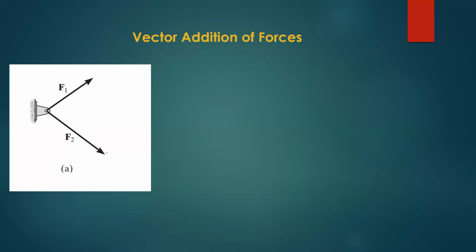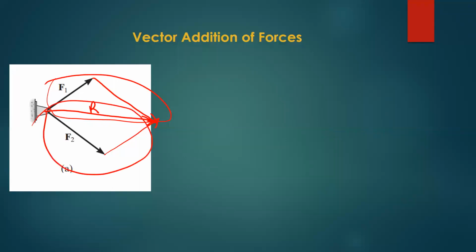We draw a vector that is parallel to F1, like that, and another vector parallel to F2, like that. Then we need to find this resultant vector. The way we find the resultant vector R is by taking one of these triangles. I can either take this triangle or this other triangle there.